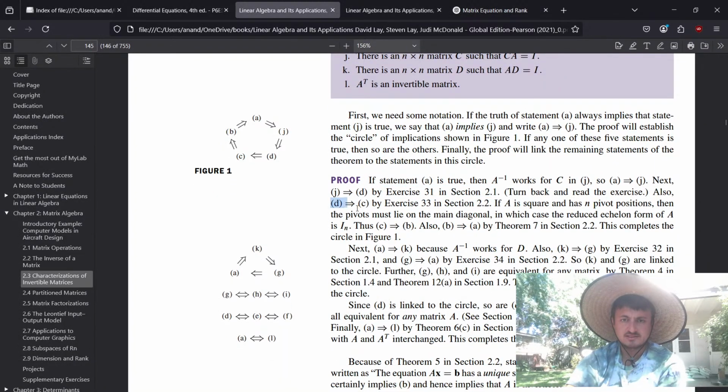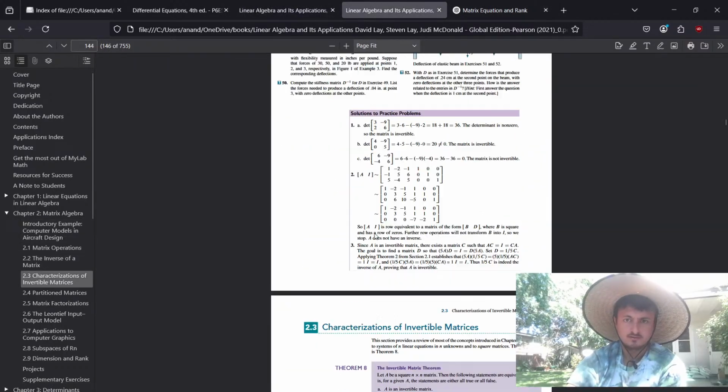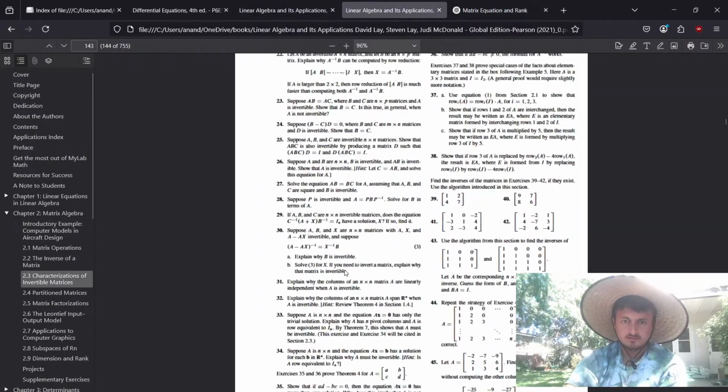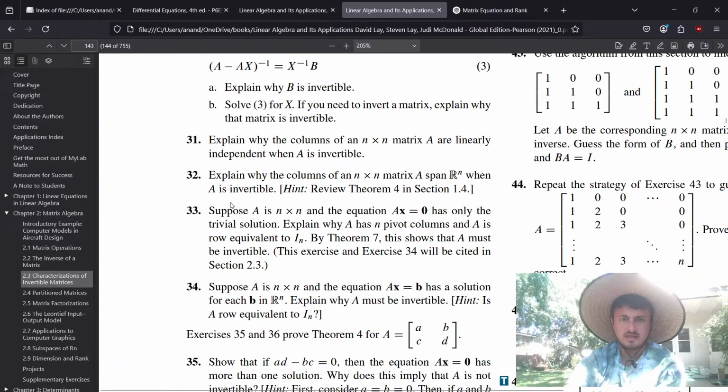All right, D implies C. What did we have with D implies C? That if it only has the trivial solution, then it has n pivots. So that's section 33. So suppose A is n by n, and we only have the trivial solution.